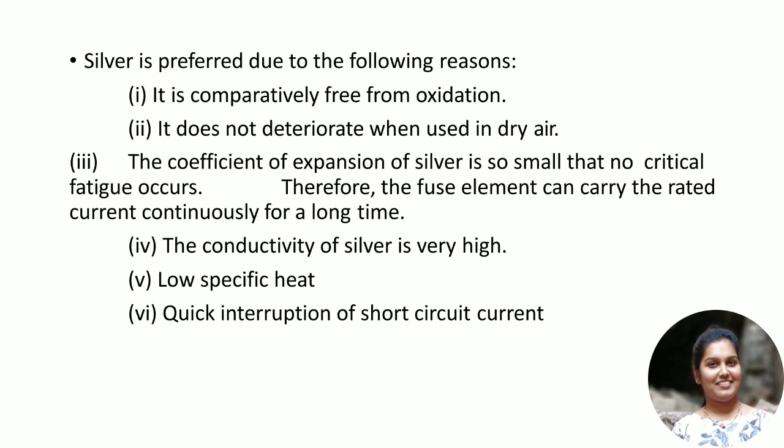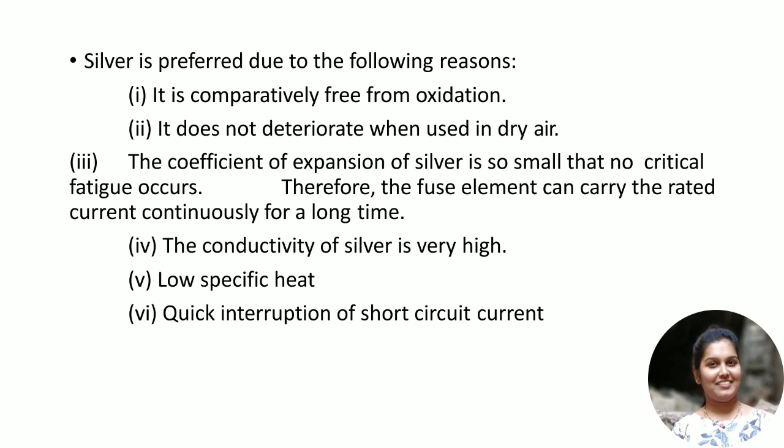Okay, and also we have seen many other points related to fuse in this video. That is, we have discussed the important terms like what is meant by fusing current, current rating of the fuse, what is arcing time, pre-arcing time, prospective current.